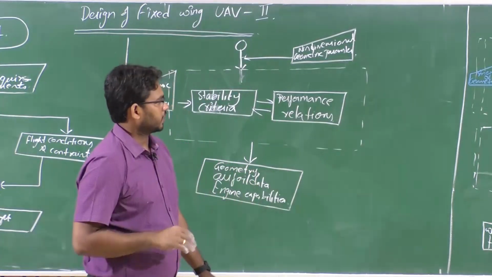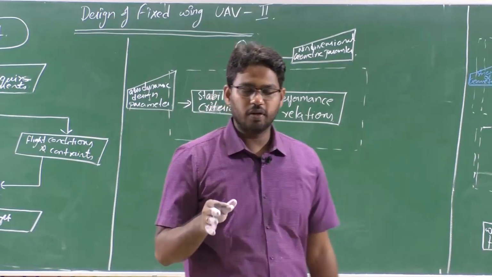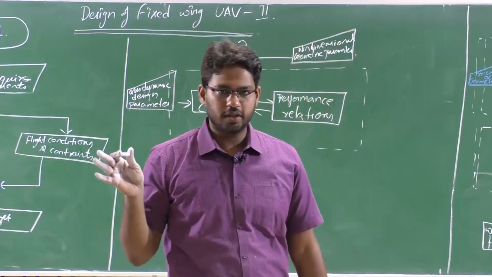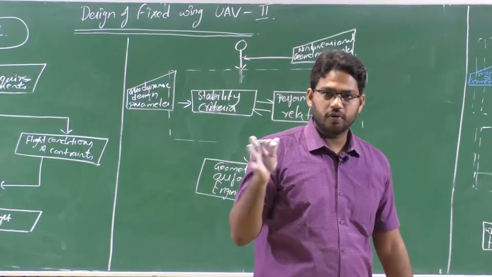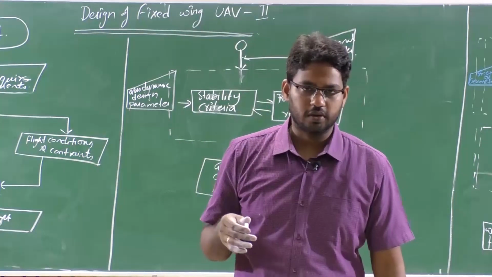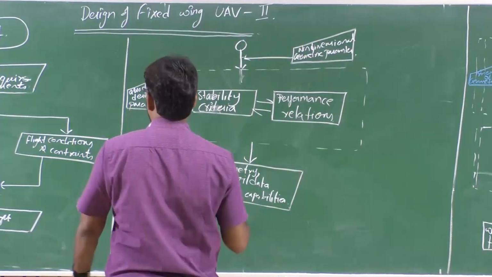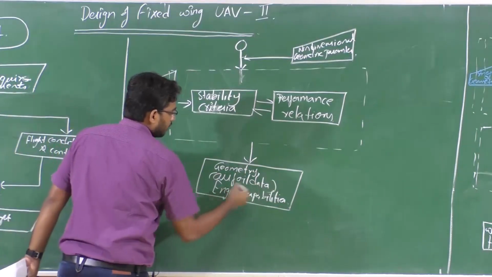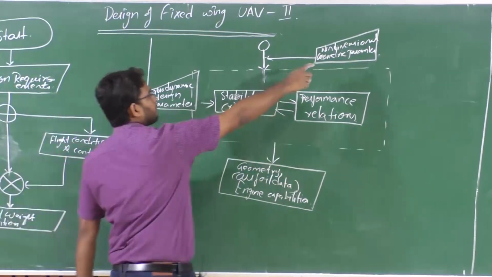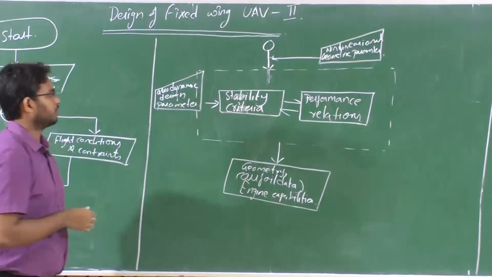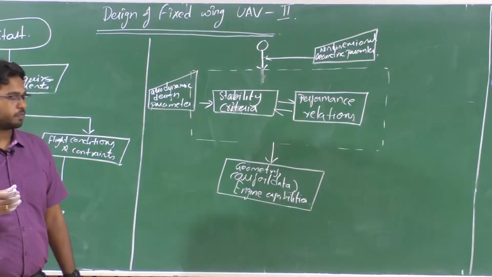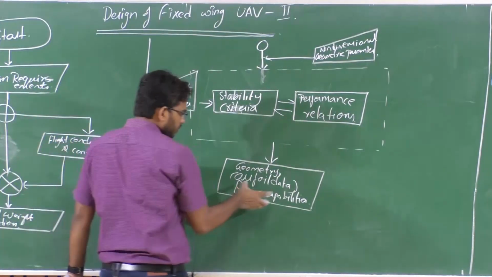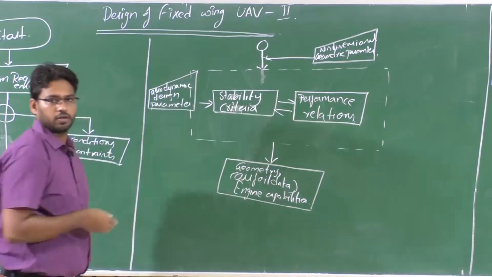See, again, design will not be achievable straightforwardly as a closed form solution for the design process, right? But here with this particular algorithm, with all these inputs in terms of aerodynamic design parameters as well as non-dimensional geometric parameters, we'll try to achieve these as a closed form solution from this algorithm. Okay.